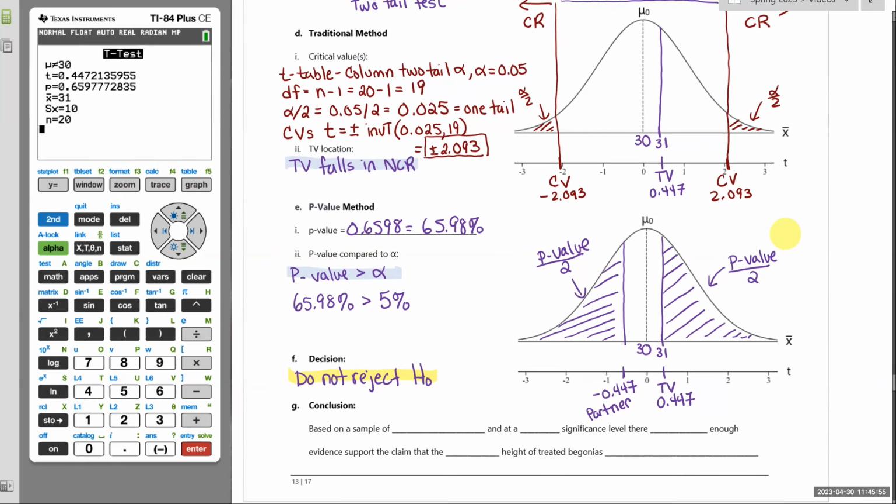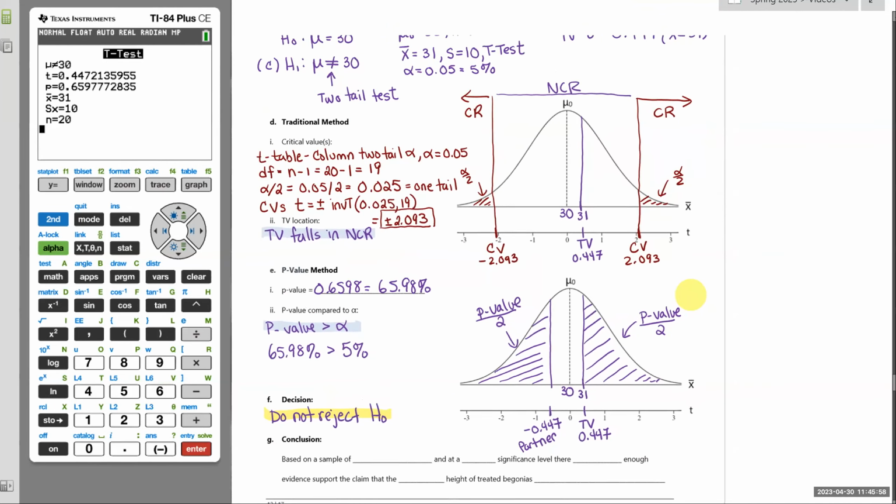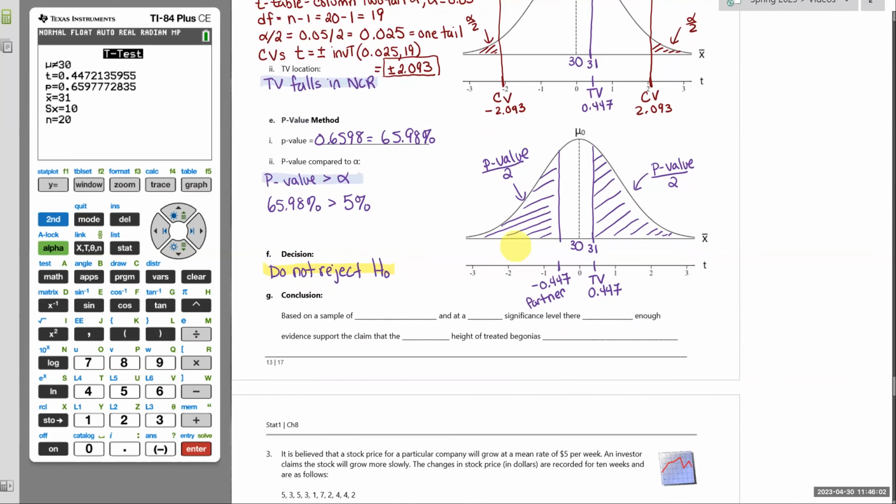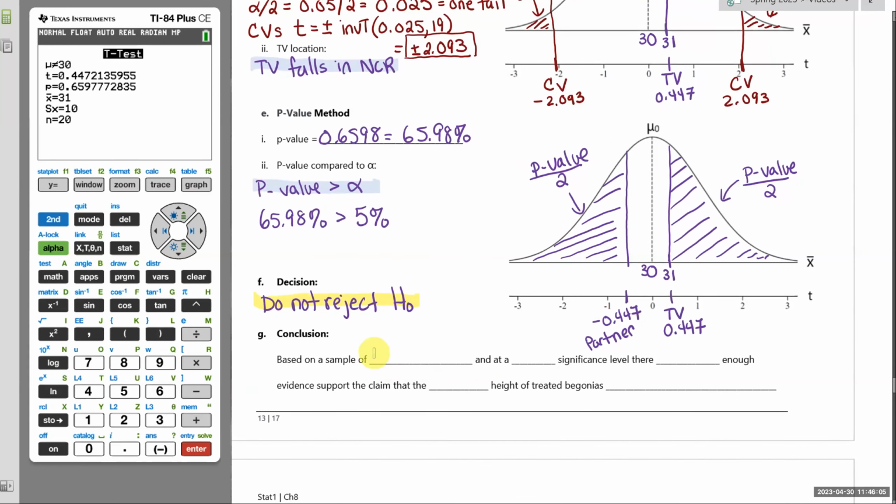And then we complete our sentence. So based on a sample of 20 begonias, and at a 5% significance level, we don't reject the null, then there's not enough evidence to support the claim.